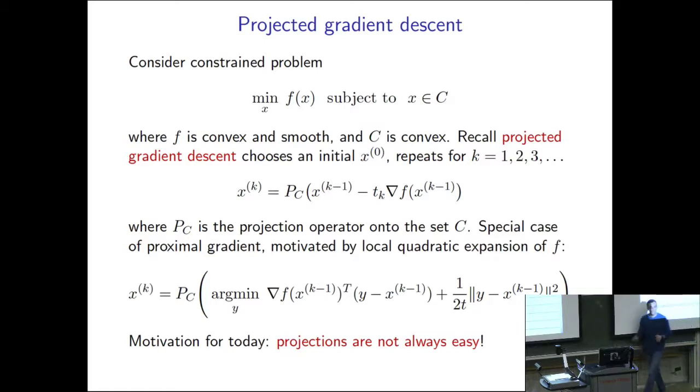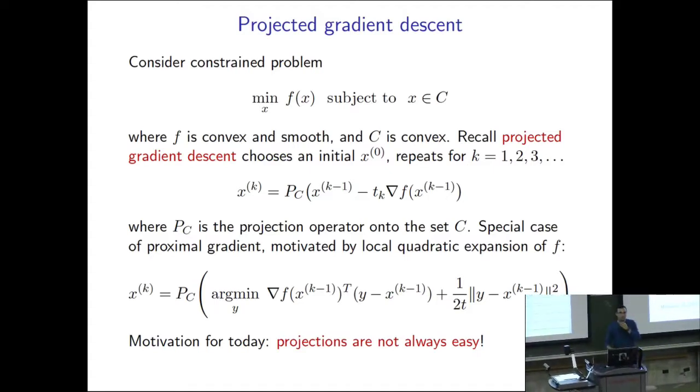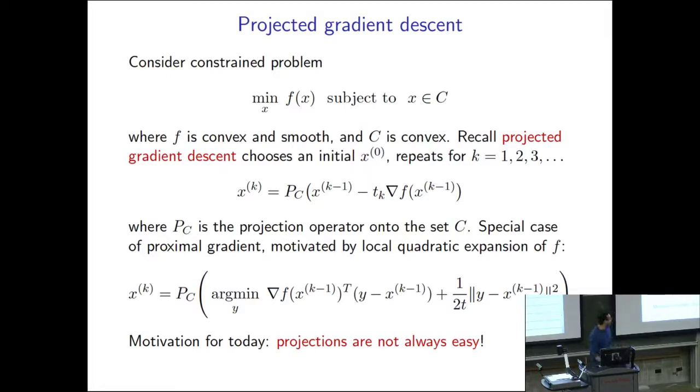So let me ask you before we actually present the method, why can't I make a linear expansion and then project? What's wrong with that method? If I made a local linear expansion, so I didn't have this term, and then I found the minimizer and I projected, what's the problem with that? Yeah, in fact, it will be infinity unless somehow this is 0, in which case it would have been at the solution.